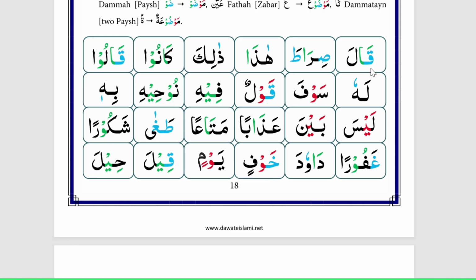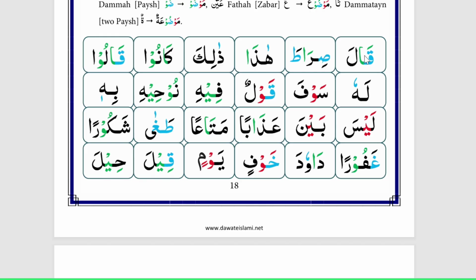Qaf, Alif, Zabar, Qa, Lam, Zabar, La, Qala. Here we can see, as we have learned in previous lessons, that if Zabar comes before Alif, then you will call it Alif Madda. And we have learned that we need to stretch Madda letters equal to 1 second.